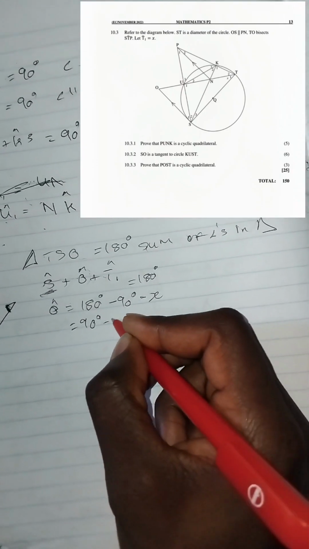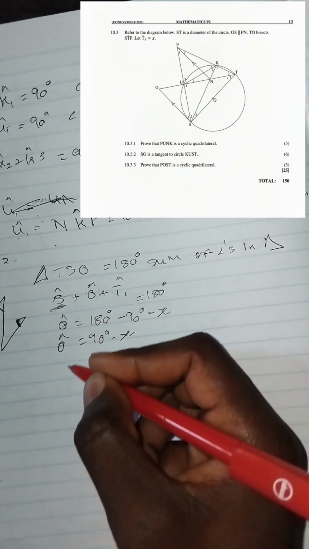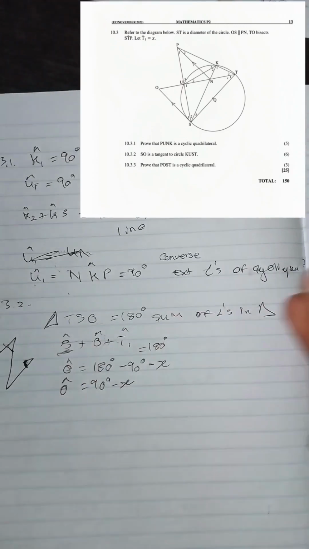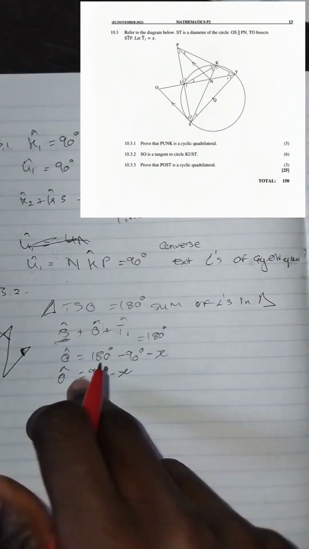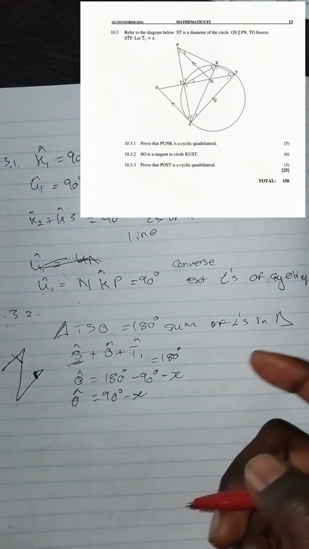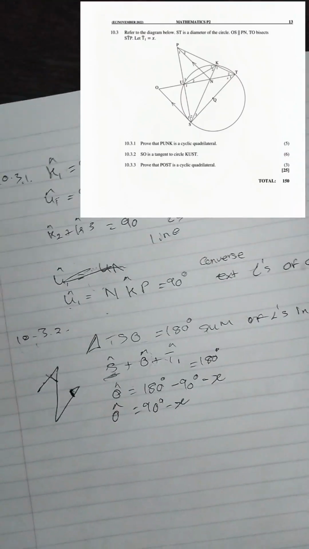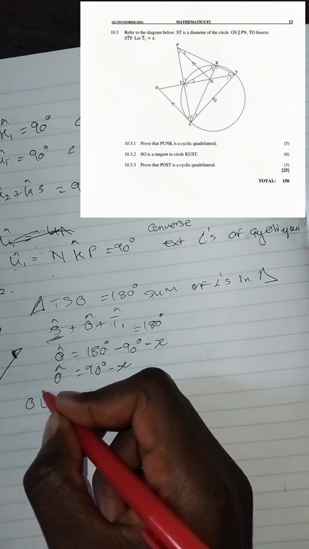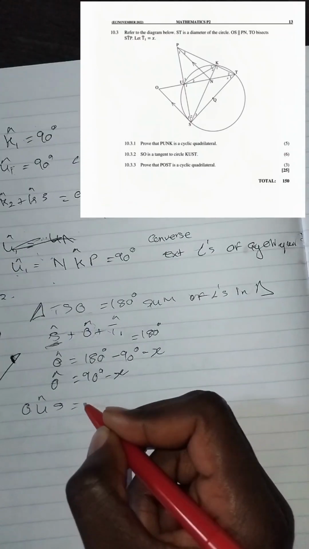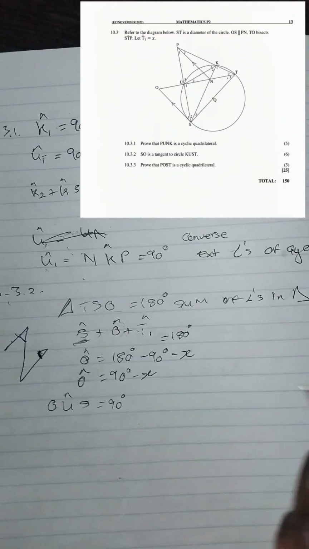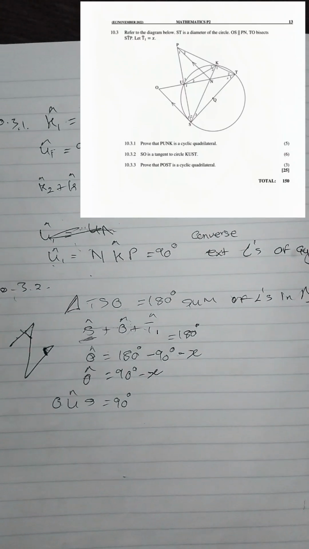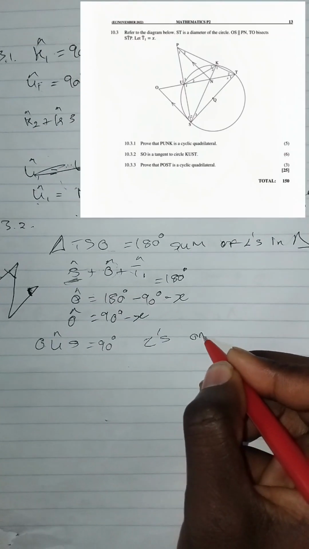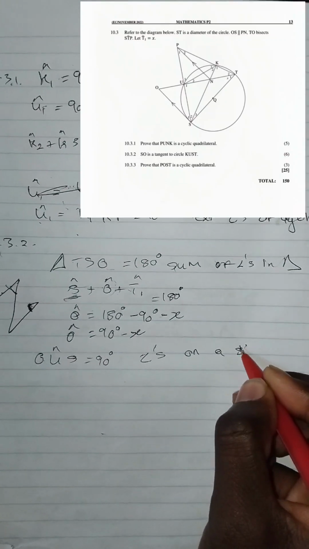So 90 minus x is angle O. After you found angle O, the angle beside U1, but not U2 and U3, U1, which is OUS, is equal to 90. The reason is angles on a straight line.